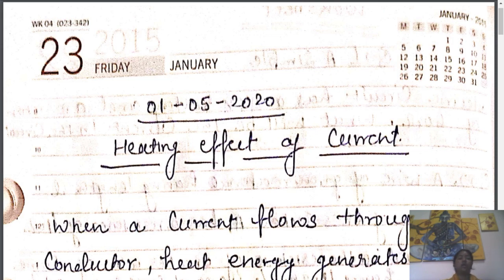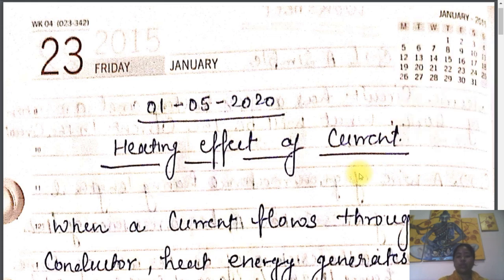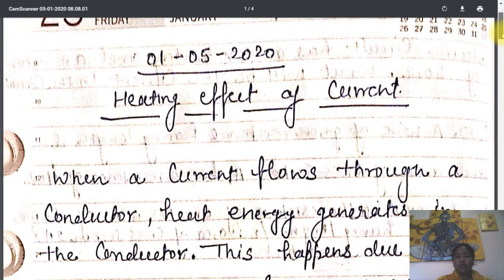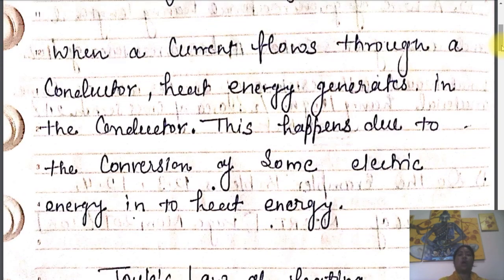Now we'll start today's next topic, that is the heating effect of electric current. What is the heating effect? It is related to our day-to-day life. We have a number of electrical appliances at home in which we use the heating effect of electric current.